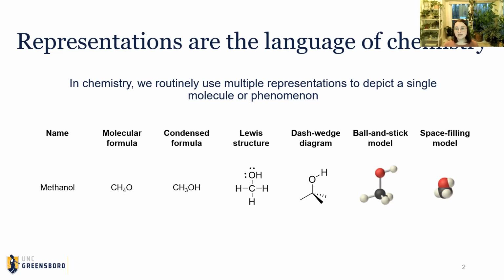So on this slide, I have an example of a very small molecule, methanol, and just some of the ways in which we can represent this molecule. And our students are bombarded with all these representations in our classrooms. And oftentimes they are exposed to all these representations without even knowing why they are learning about all of these different ways of representing, in this case, a molecular structure.